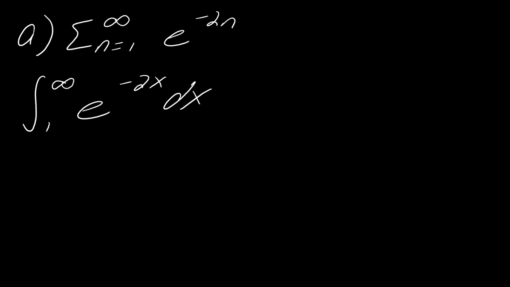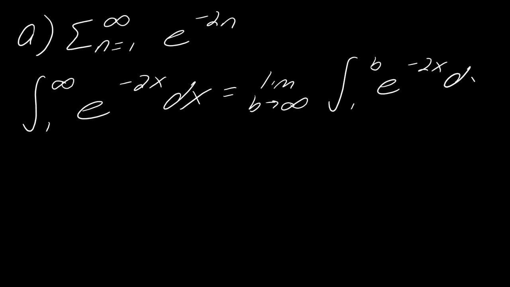So we can just evaluate this integral. I'm going to need to rewrite this with the limit as b goes to infinity. This is a pretty standard integral to evaluate. So this will just be negative 1 over 2 e to the negative 2x, from 1 to b.